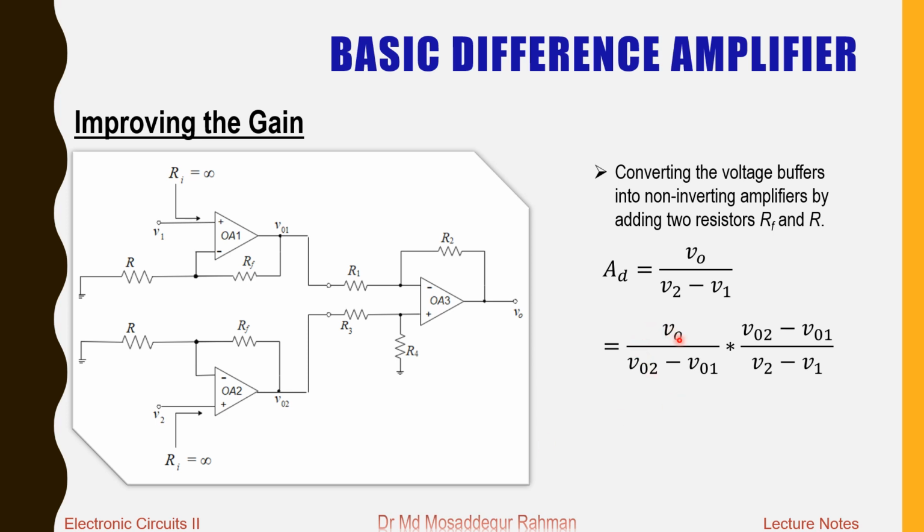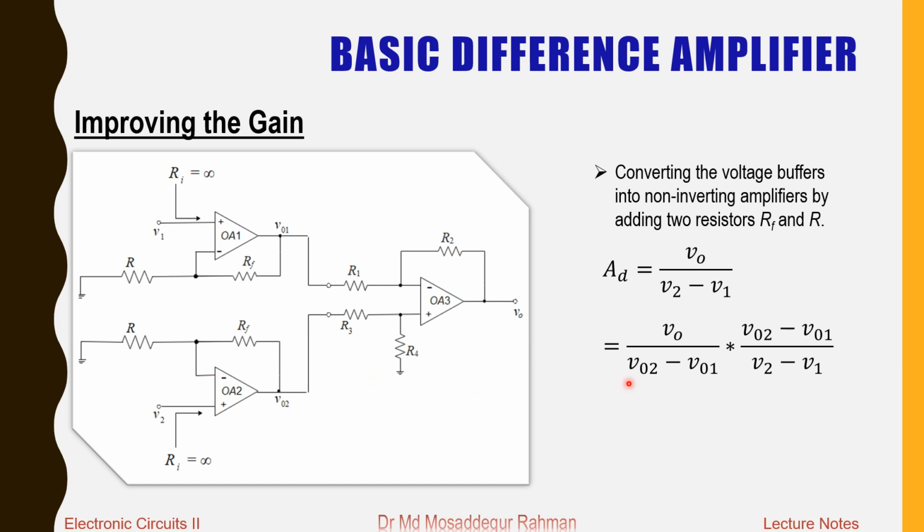One is the first part, V naught divided by V02 minus V01, that is the difference between these two voltages coming at the input of the difference amplifier, and the second part is this difference voltage divided by the difference voltage that is actually applied at the non-inverting amplifier input terminals.